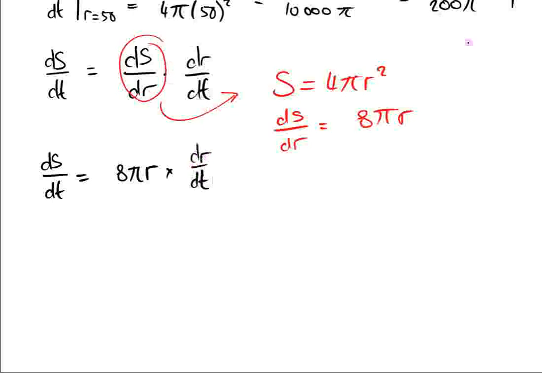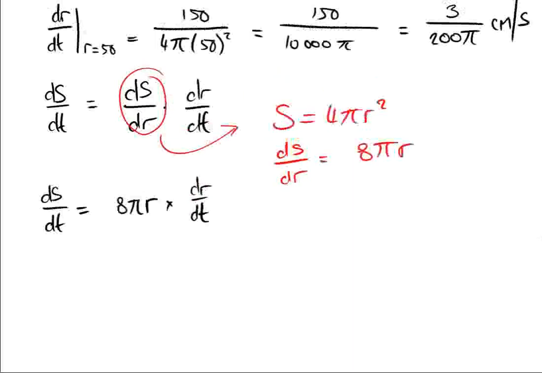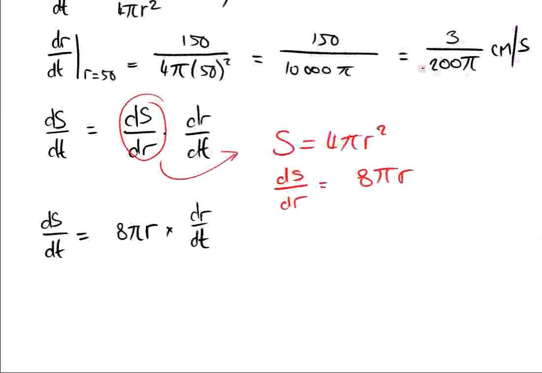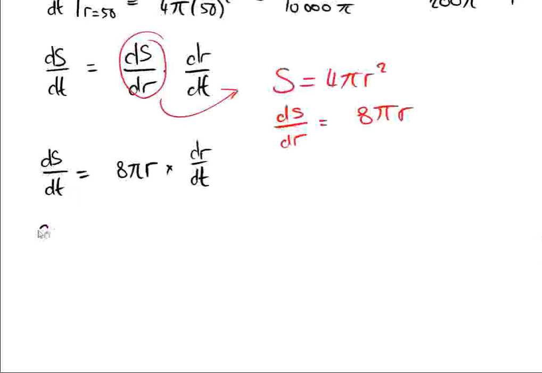Now, there's a reason I haven't substituted in my value from the previous part yet. It's because this value is only for r equal to 50. So, I actually have to come back here and write dS by dt at r equals 50 before I can substitute this in.